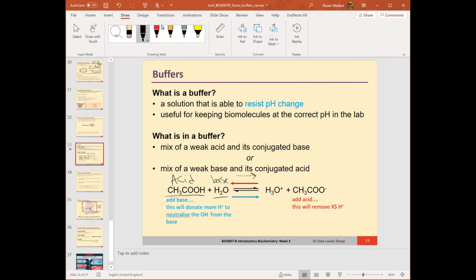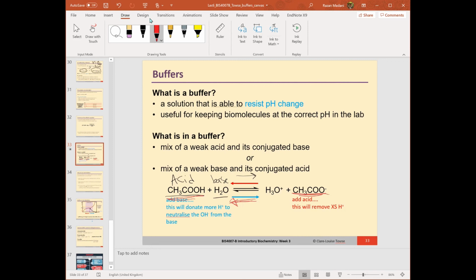Now I'm going to change the color and we'll talk about the red way, going that way. CH3COO minus, to go from here to this state, is it accepting an H or donating an H?